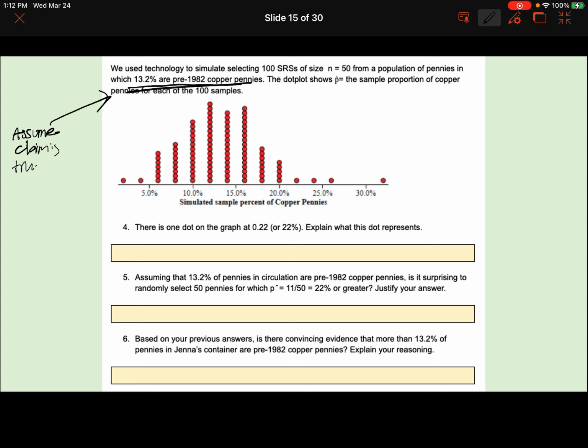So we're setting up a simulation based on the idea that the claim is actually true, that there are 13.2% older pennies in her sample, or in her population. Okay, the dot plot shows p hat is the sample proportion of copper pennies for each of the 100 samples.